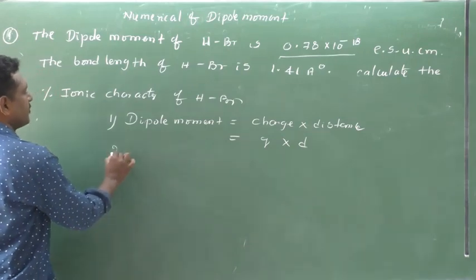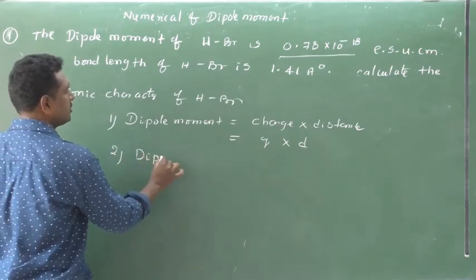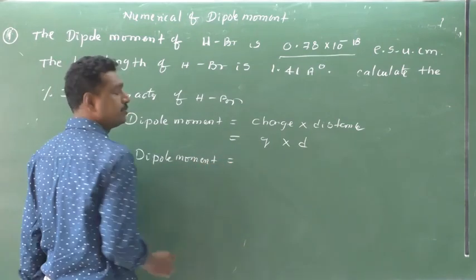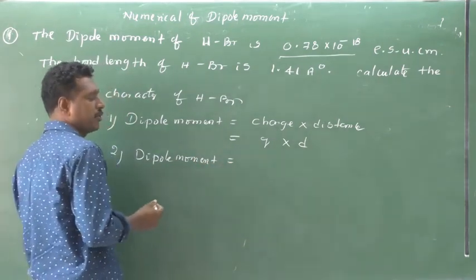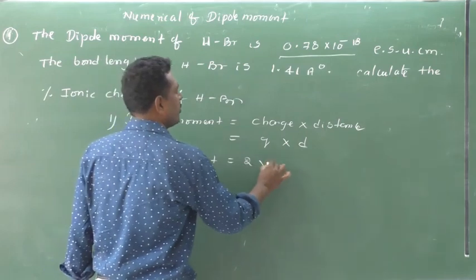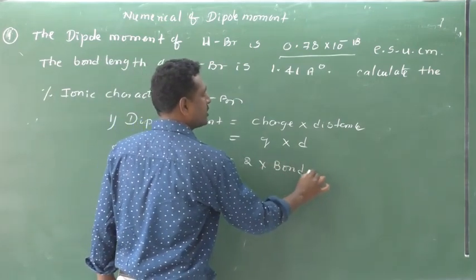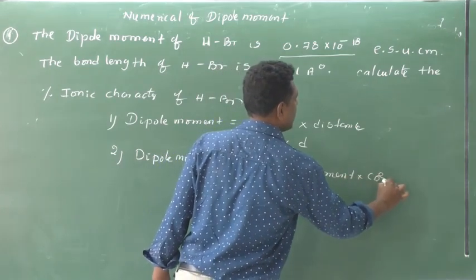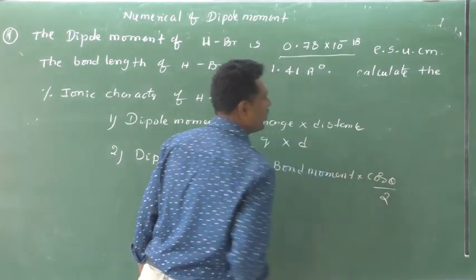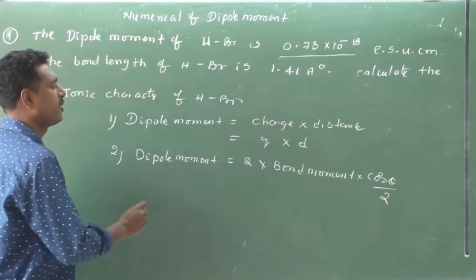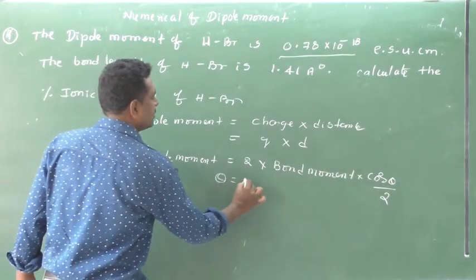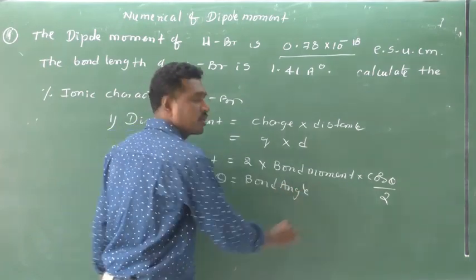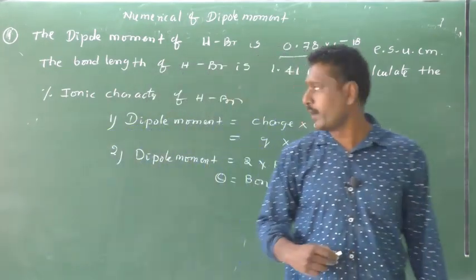Second formula, dipole moment equals 2 into bond moment into cos theta by 2. Here theta equals the bond angle.